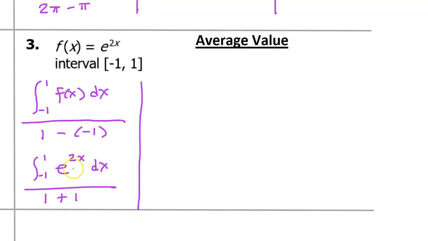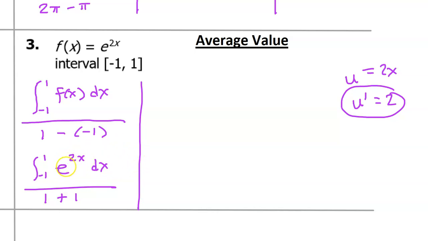So we need to integrate e to the 2x. I am using a mental u substitution to find this antiderivative. In my mind, I'm thinking, let's let u equal 2x, which means that u prime will equal 2. When u prime is a constant, the only thing that's going to change is I'm going to end up dividing by this constant whenever I evaluate the integral.